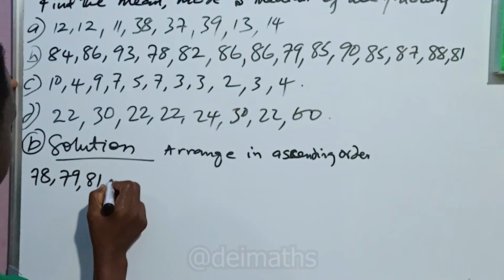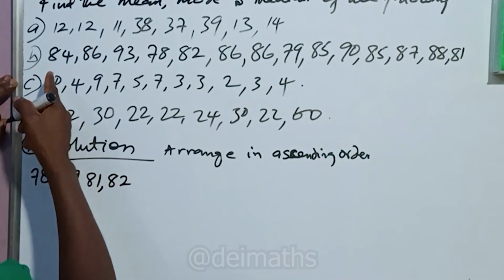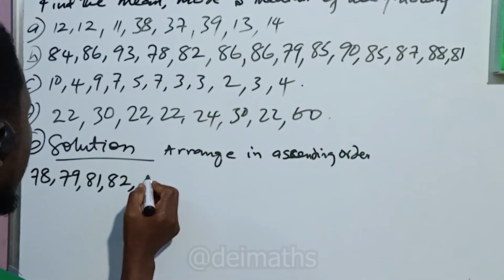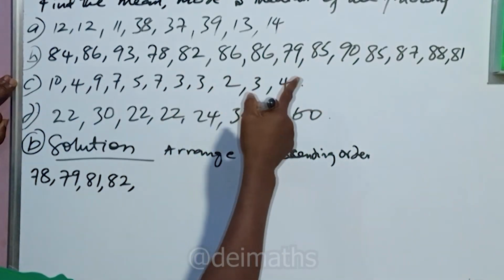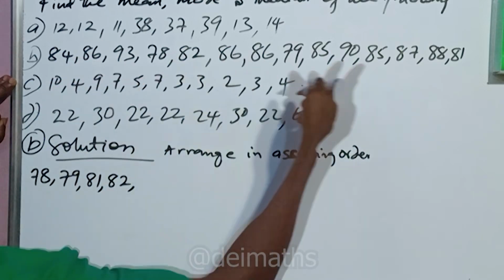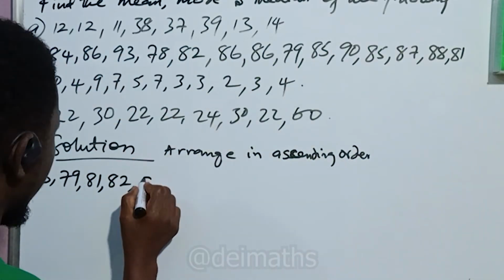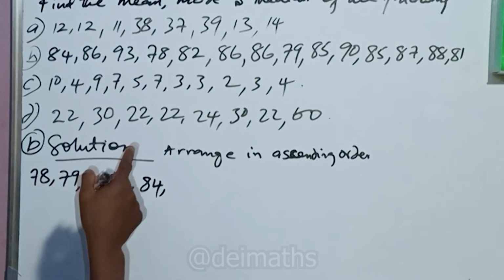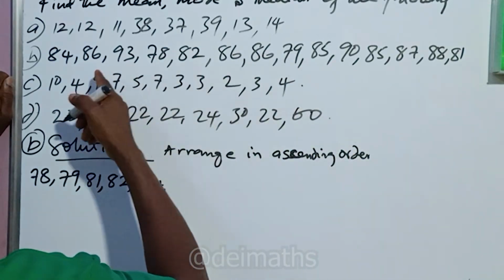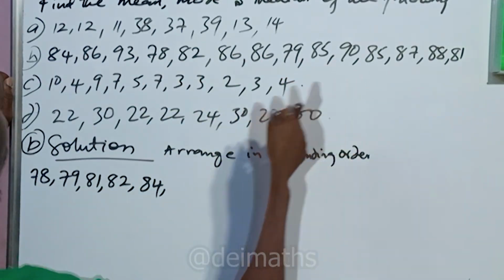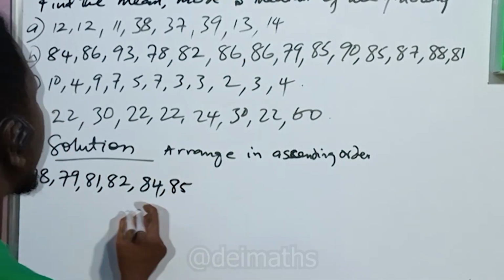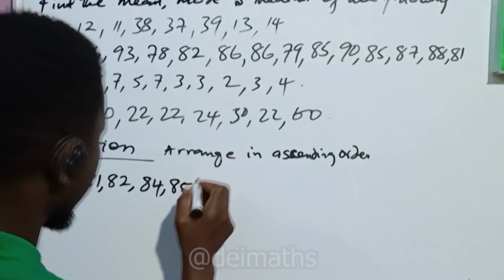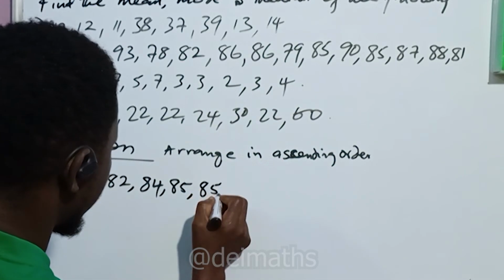Once. We have 82. Once. Do we have 83? No 83. We have 84. Then we have 85. 85 appeared once, and 85 here, so it appeared 2 times.